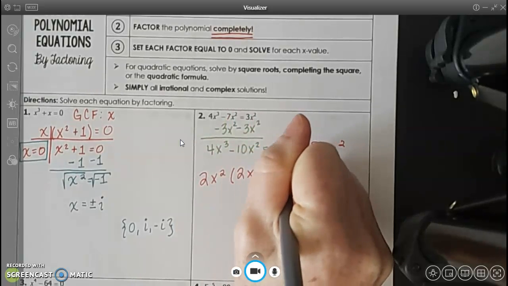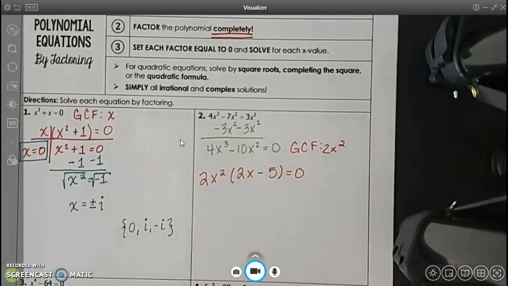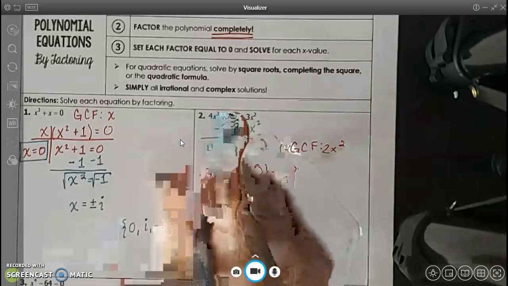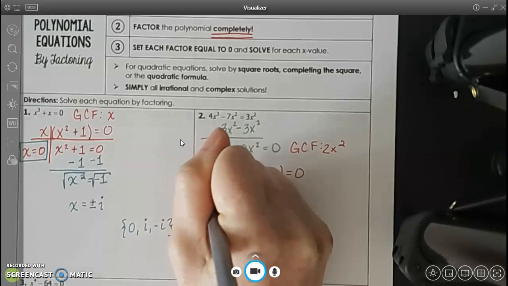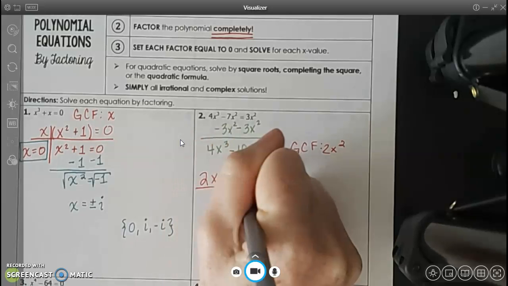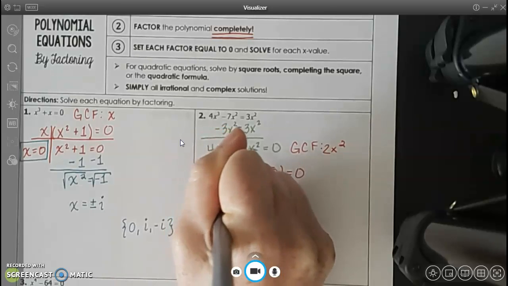Okay, so now we have factored completely, and we are going to set each factor equal to 0. I like to separate all of my factors by this little chart. So I have 2x squared equals 0 and 2x minus 5 equals 0. And I'll solve both of them for x.